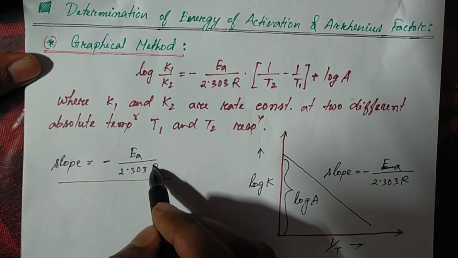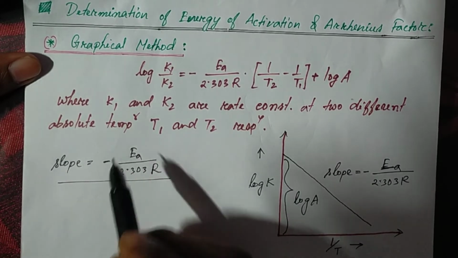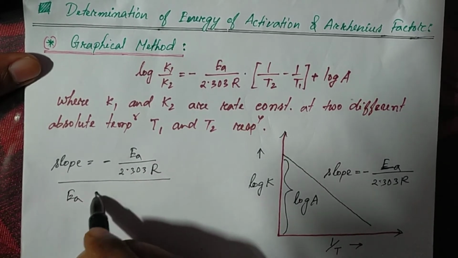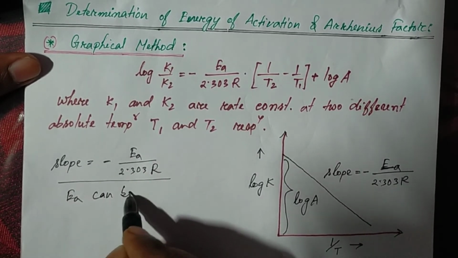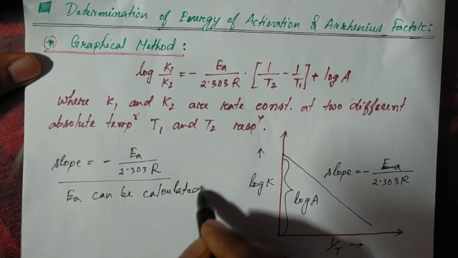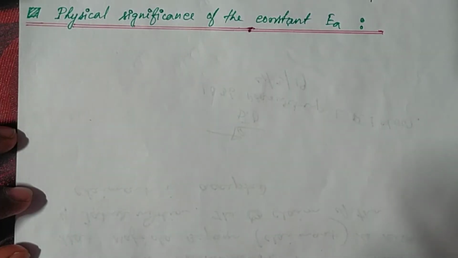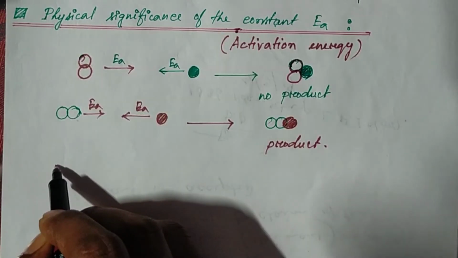We know 2.303 and the R value, and the slope is given, so EA can be calculated.